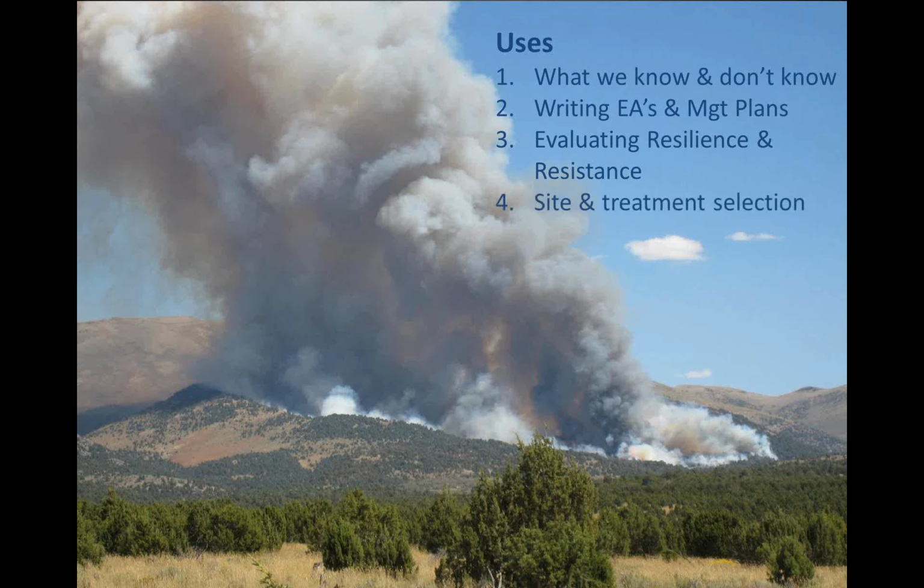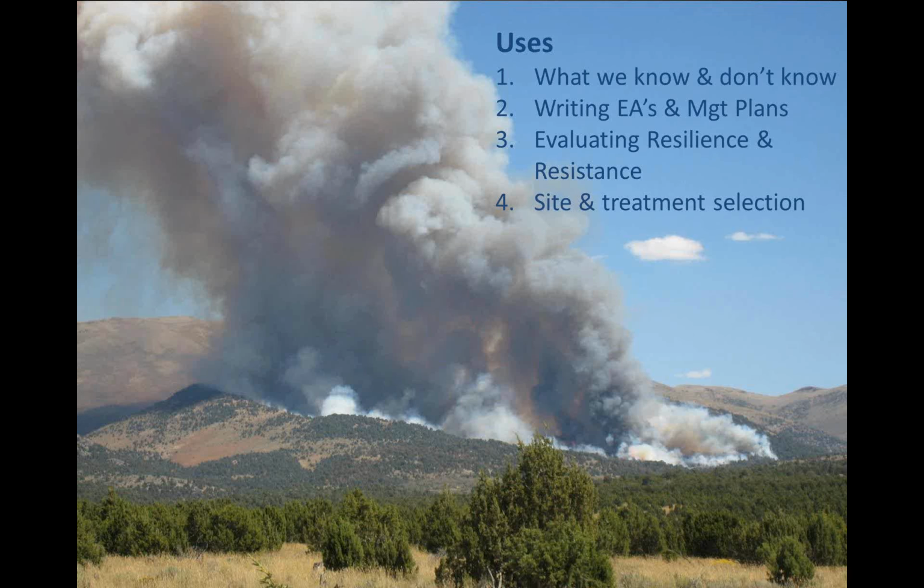With this type of information, it really helps in selecting the right sites and the right treatments for management, which will increase success, and definitely also help to predict outcomes of what's likely to occur on these areas.